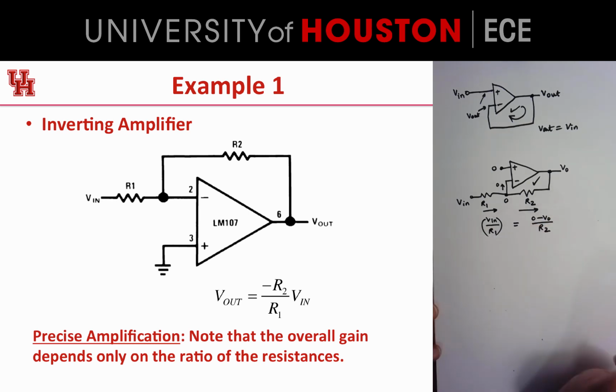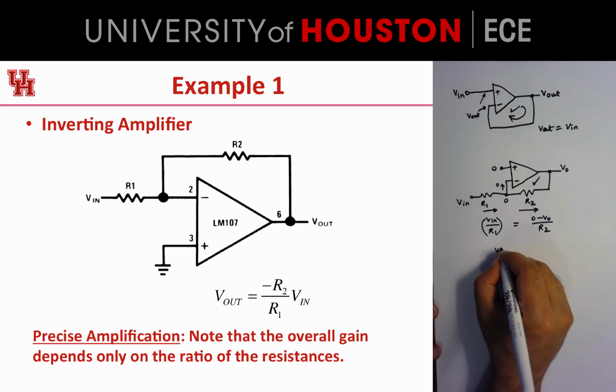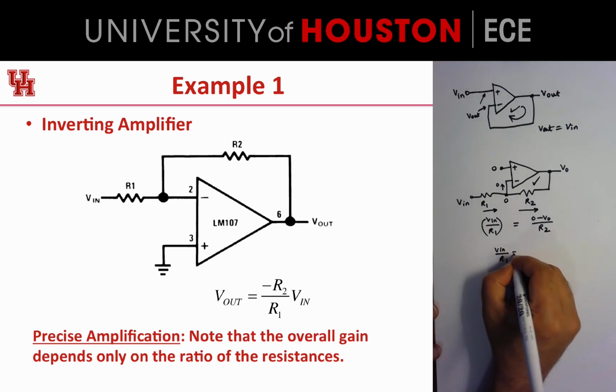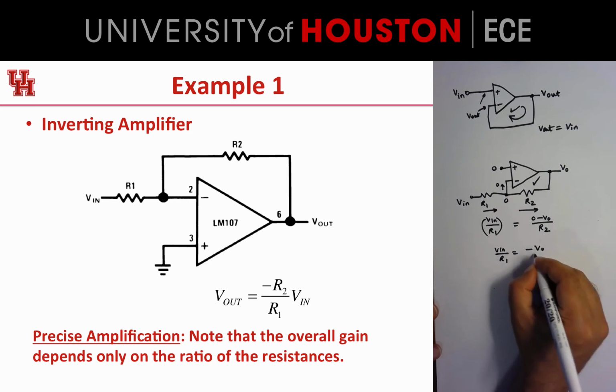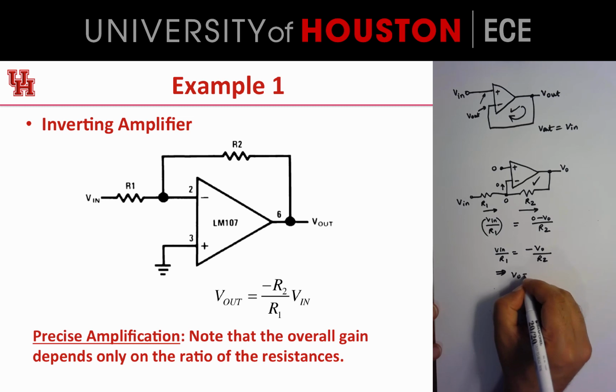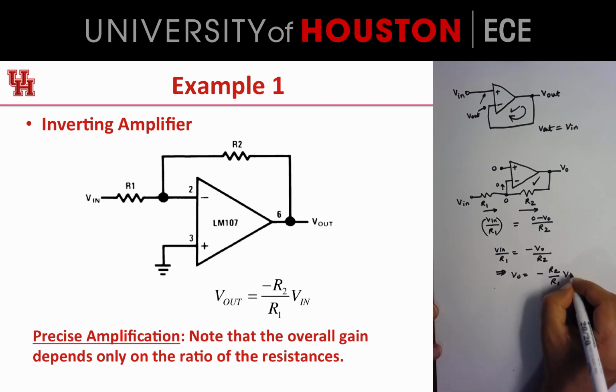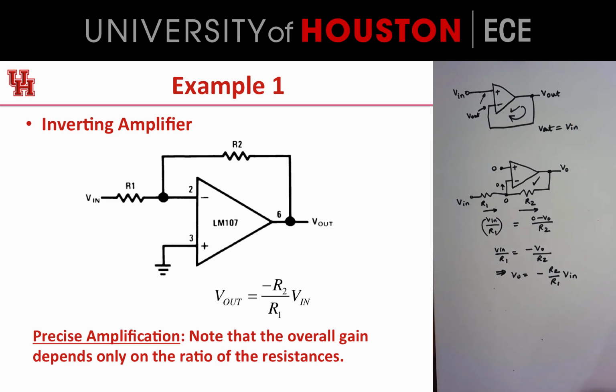And these two currents are the same, right? So Vn over R1 equals minus V output divided by R2, which means the V output is minus R2 over R1 times V input.